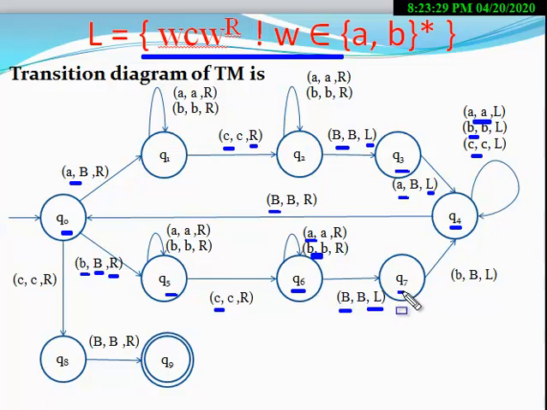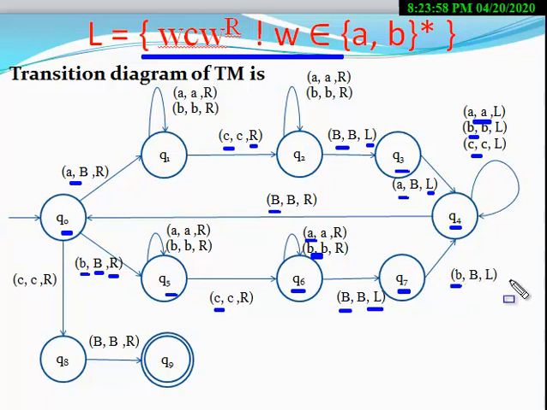When at state Q7 the tape symbol b appears, that is the last input symbol, then the machine changes its state from Q7 to Q4, and small b is replaced by capital B, and the head of the machine moves in the left direction.